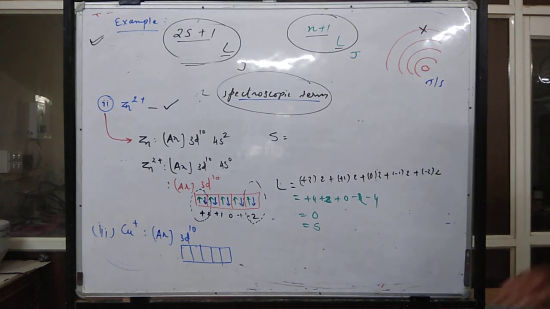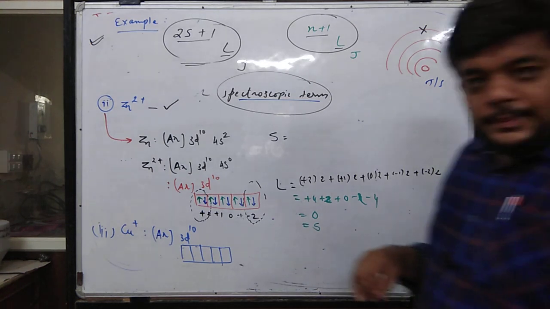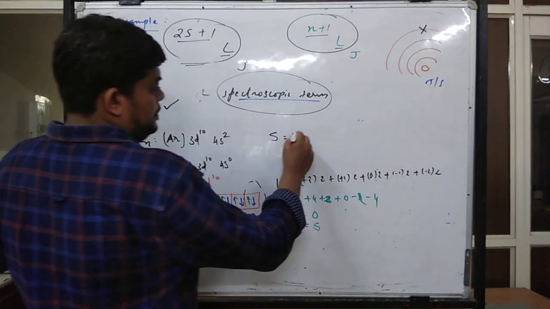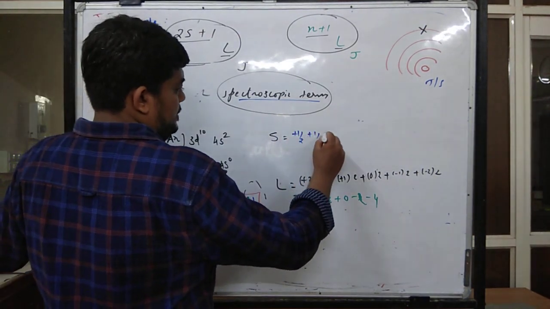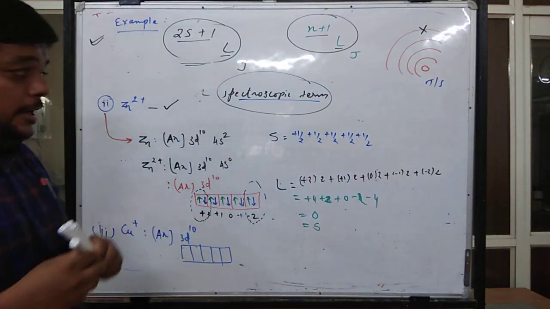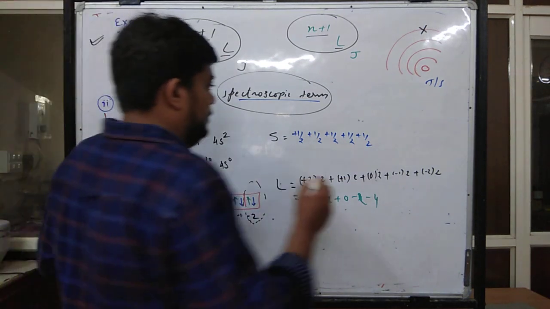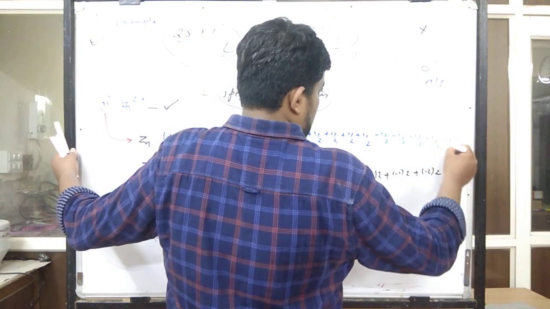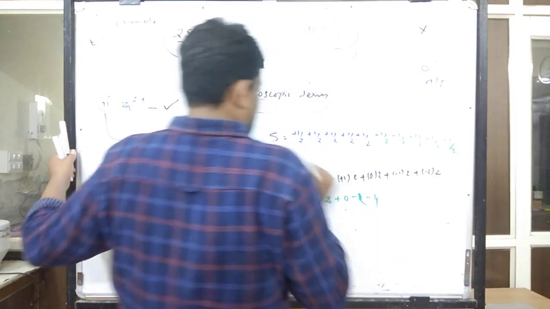So over here, when it comes to total spin, it is again very interesting. And when you think of this total spin, just see how would you end up. Here it is very clear that as there are 10 electrons, plus half, plus half, plus half, plus half, plus half, and now the next 5, minus half, minus half, minus half, minus half, and minus half.